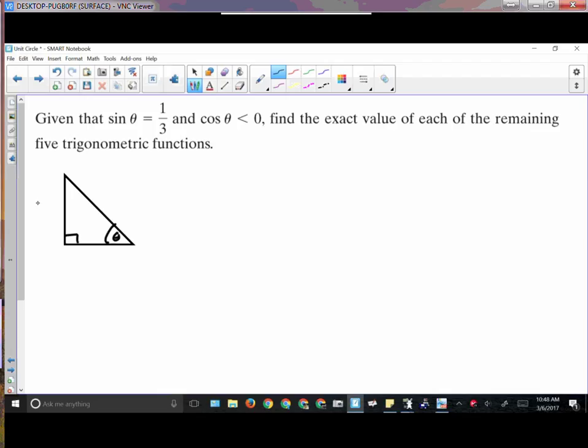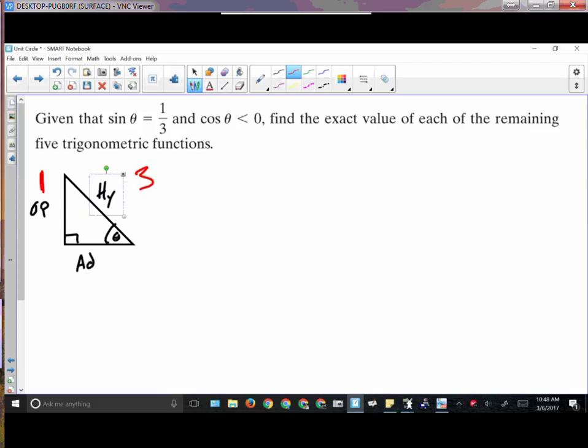This is going to be opposite. This is going to be adjacent. And this is going to be hypotenuse, correct? So, if I am given that the tangent of theta is equal to 1/3, that means tangent of theta is opposite over hypotenuse, correct? So that means that this value here is going to be 1. This value here is going to be 3.